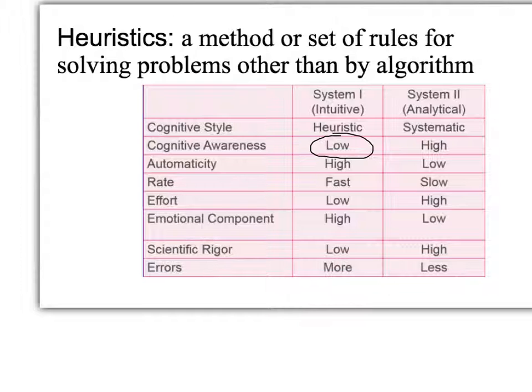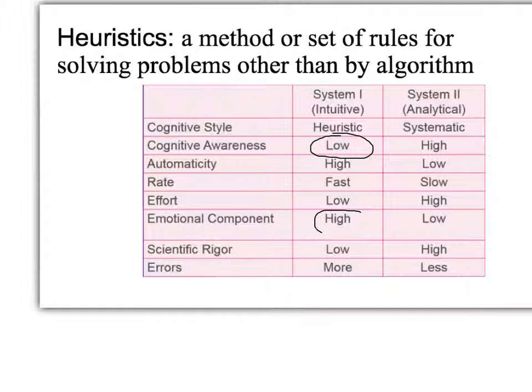And so this is a potential pitfall. Automaticity, it's a high automaticity. So you reach your decision pretty quickly. Your rate's pretty fast. Your effort's pretty low because you're relying kind of on an instinct to come up with the correct answer or the way that you're going to answer this.